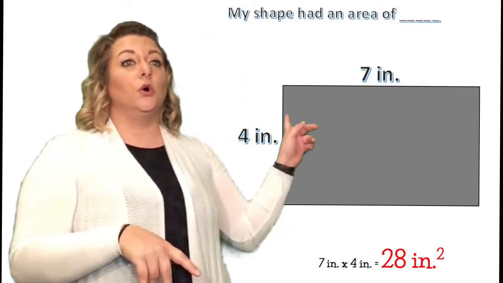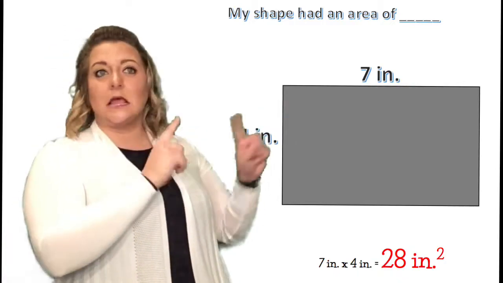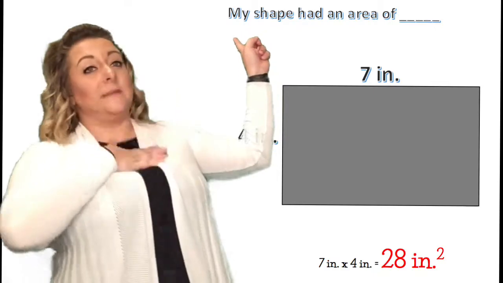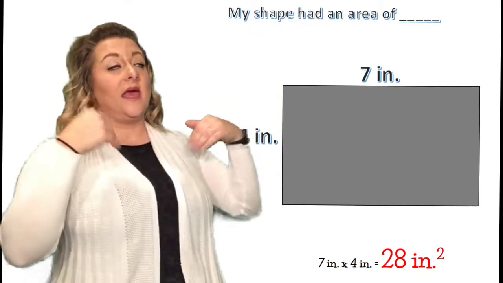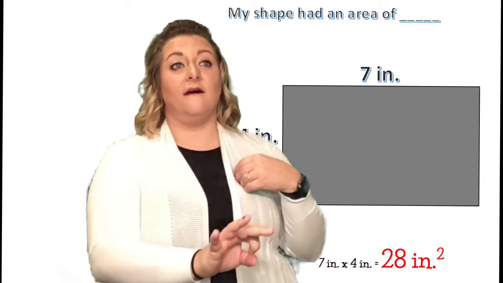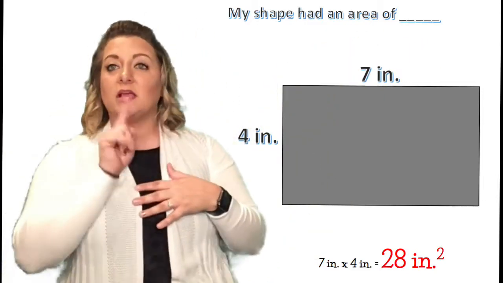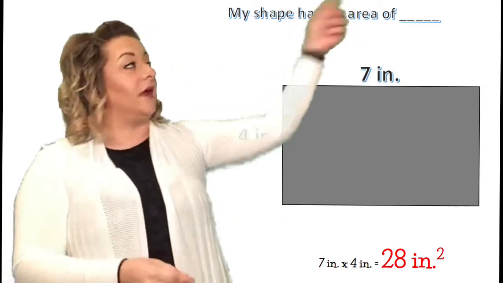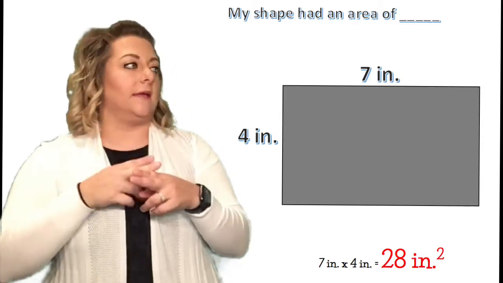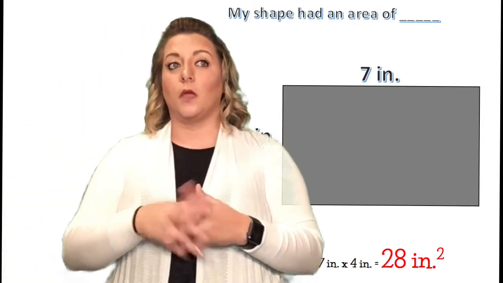Okay? So your sentence should look like this, but not have my number. So my shape had an area of blank. Whatever your area is, you will put in your number there. Okay? And then I will give you the name of your partner. Understand? Okay, here we go.